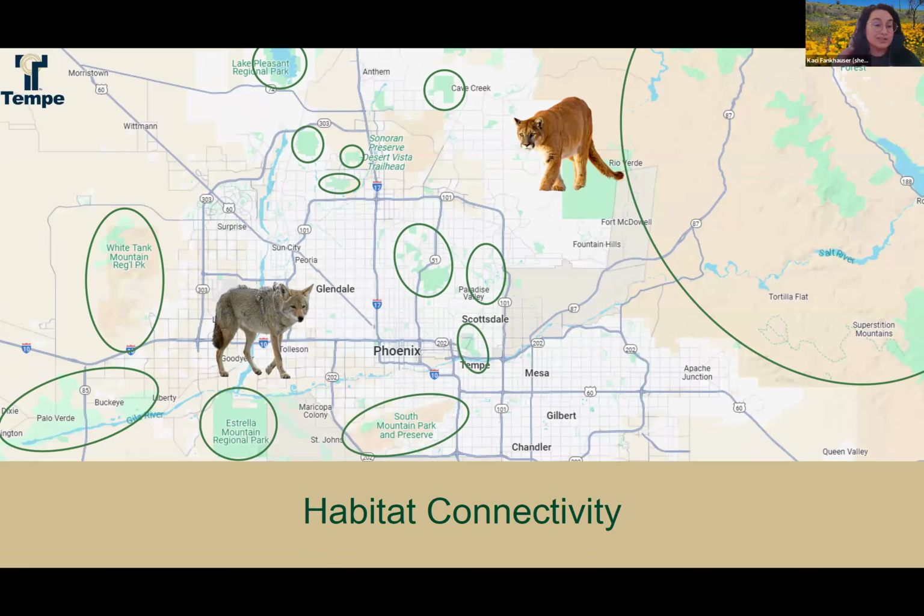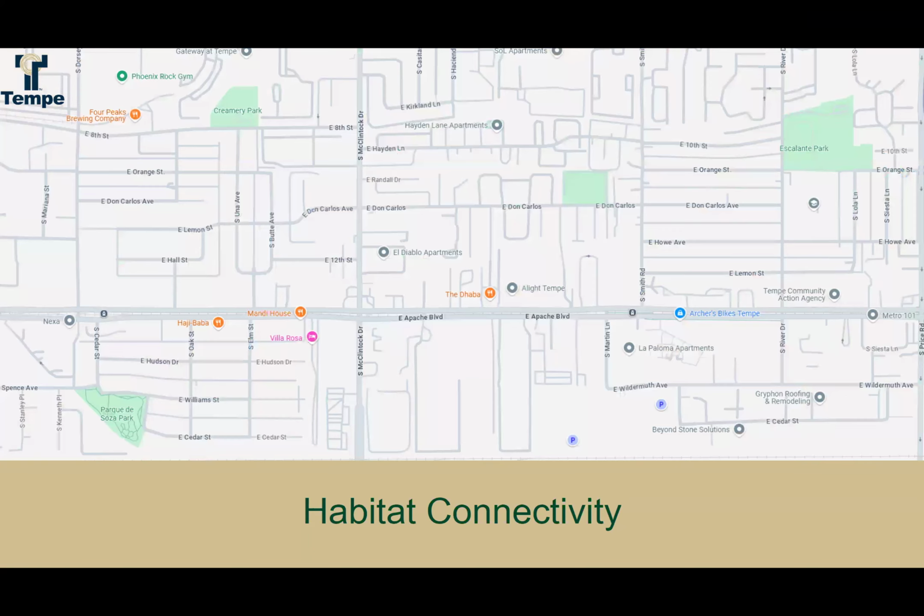Especially for larger animals, they're using these habitat islands, but they need the connection piece between them. I saw someone doing a study at ASU saying that coyotes are using the canal paths as a point of habitat connectivity, which is super cool. It can be as big as the valley or as small as a neighborhood.